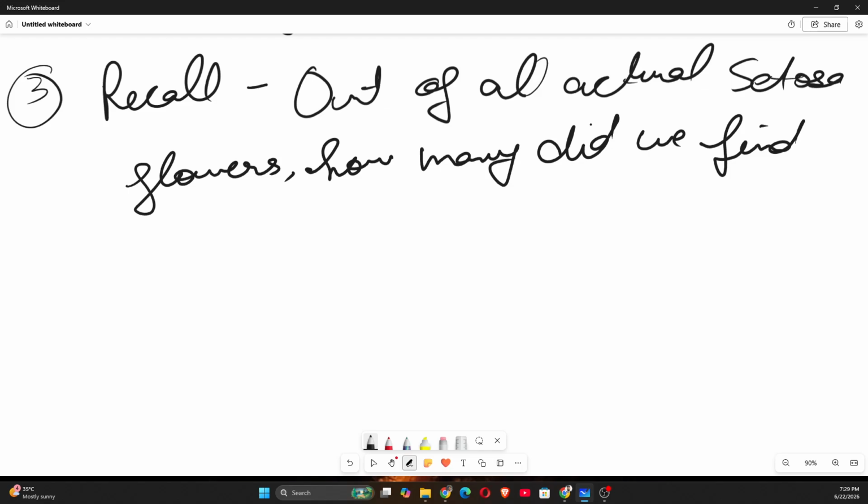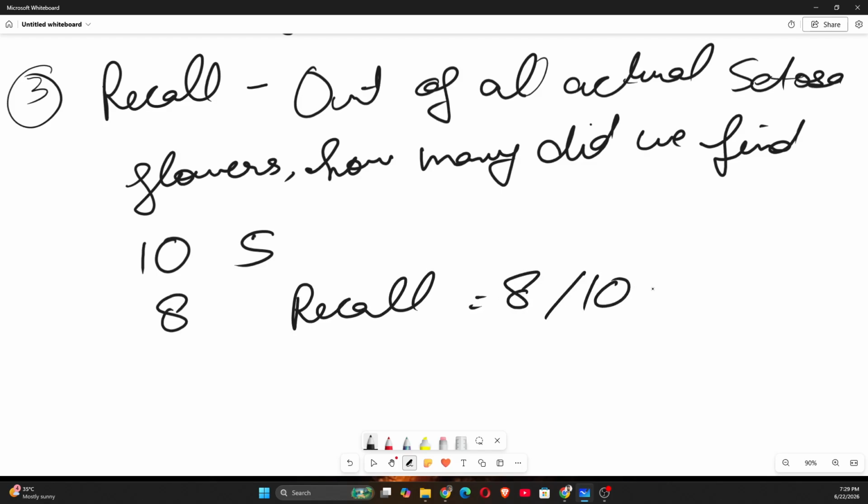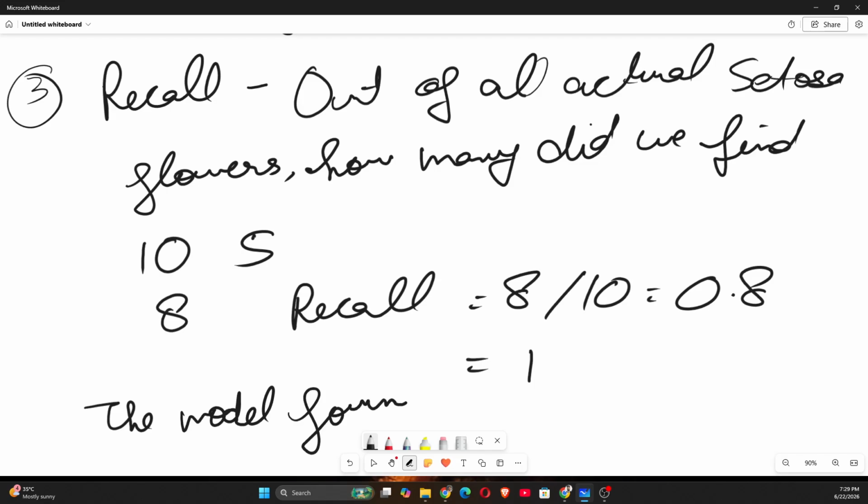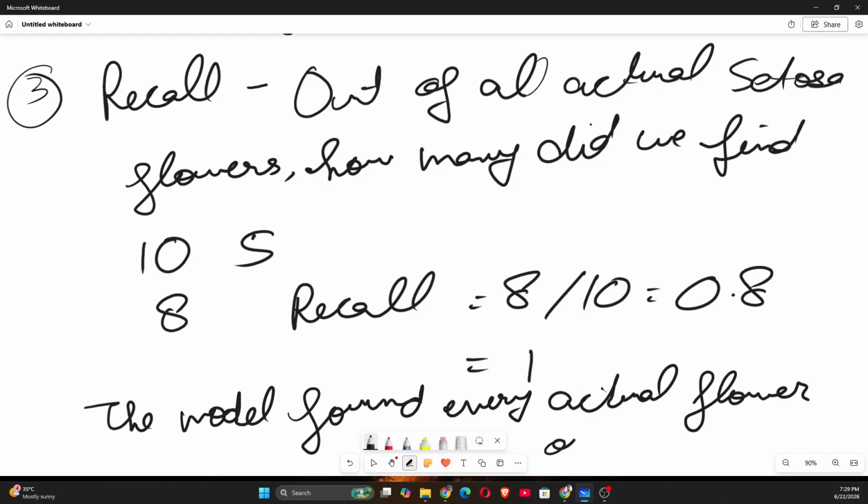Okay, suppose there were 10 actual Setosas and the model identified 8, then the recall would have been 8 by 10, which is 0.8. But here we are getting 1, meaning the model found every actual flower of that class. You can make notes if you want for later.